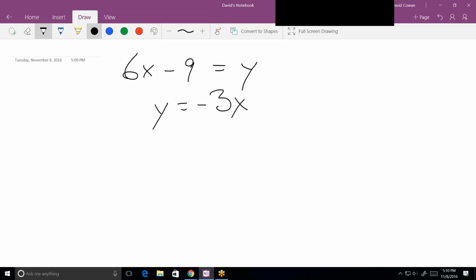If this is equal to y and this is equal to y, and it's the same y, in other words, this is a system of equations, meaning it's the same y and the same x, as opposed to just being two separate functions. But because y is the same y, what can I write?